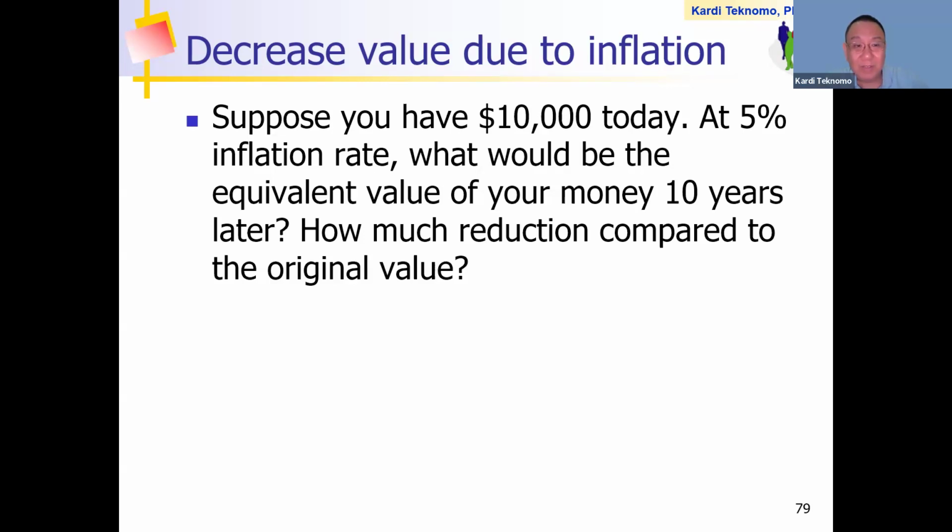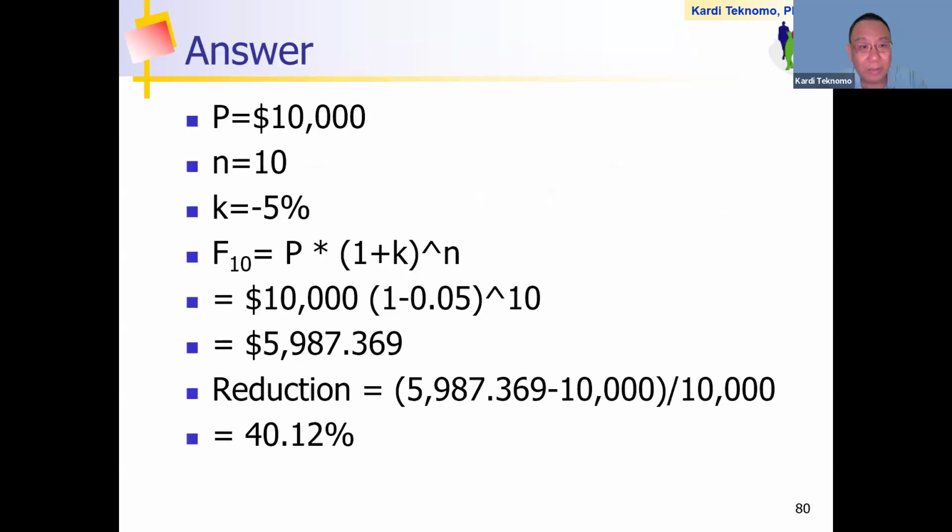So in this case, the inflation rate is given, 5%. You also know the present value, P, 10,000. What was asked is the future value, isn't it? So you just use the future value formula, knowing the present value, the interest rate and the number of years.